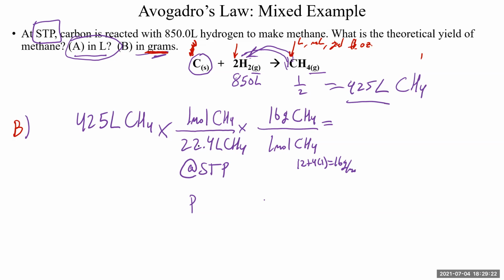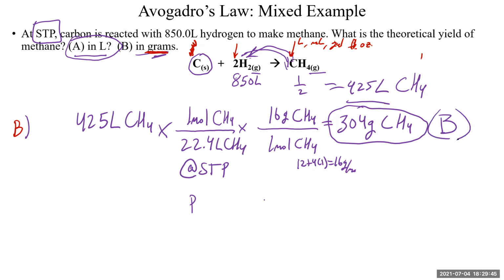That gives us, if I round up, 304 grams of methane. Now, of course, you don't normally weigh or get the mass of a gas, but in this case, just for the question, we got that. So that's the answer to part B.